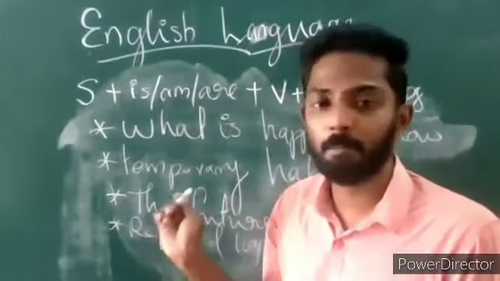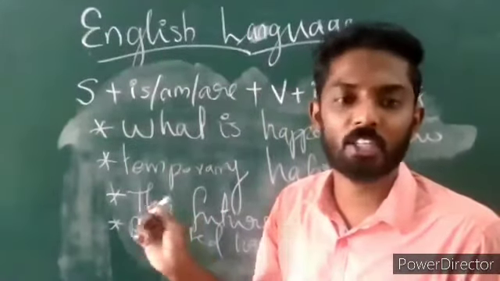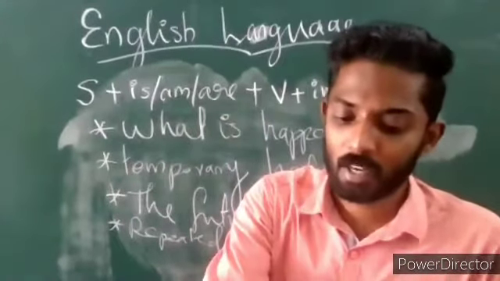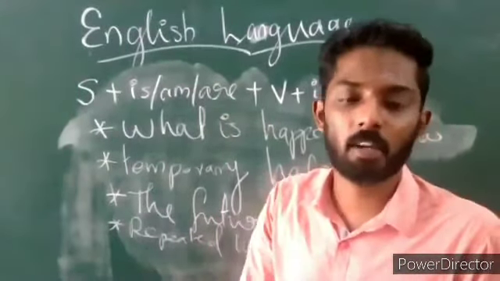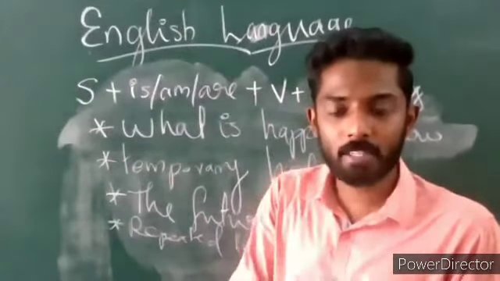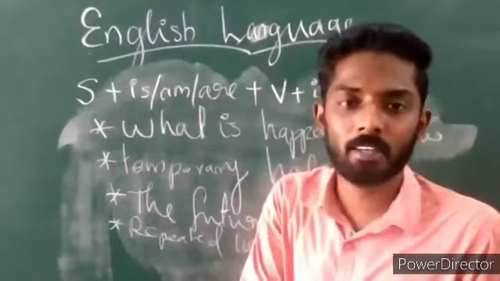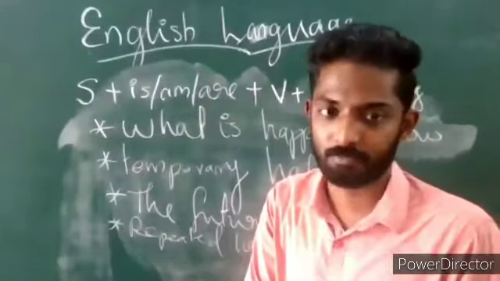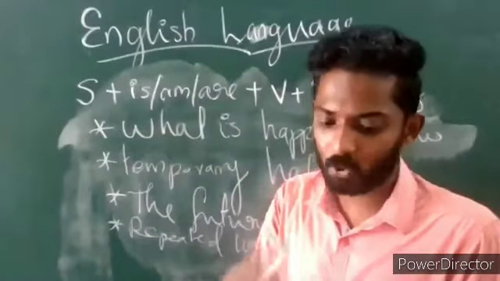The last one, repeated actions or repeated happenings or coincidences. So the repeated happening, like as I said, Reena is always losing her pen. It becomes a repeated happening or might be a coincidence. So this is also said in a present continuous tense. Okay, so that is all about it.